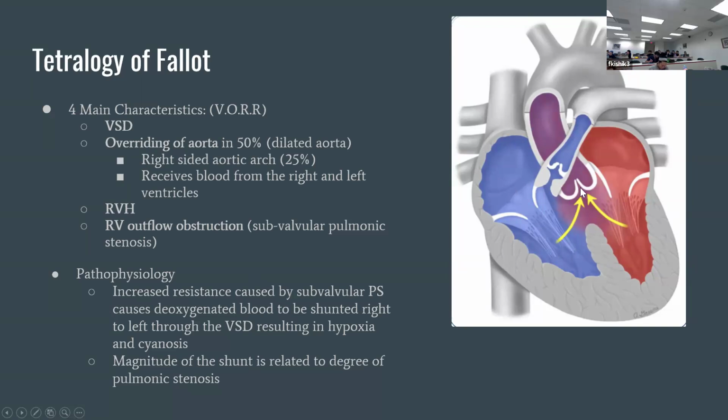And also there's a huge communication with the VSD. So this causes shunting right to left through the VSD, resulting in hypoxia and cyanosis. The magnitude of the shunt is related to the degree of pulmonic stenosis. So the bigger the VSD is, the more severe the pulmonic stenosis is going to be.